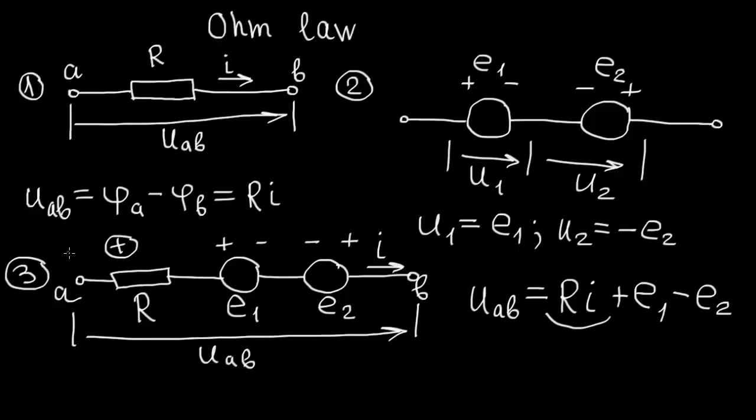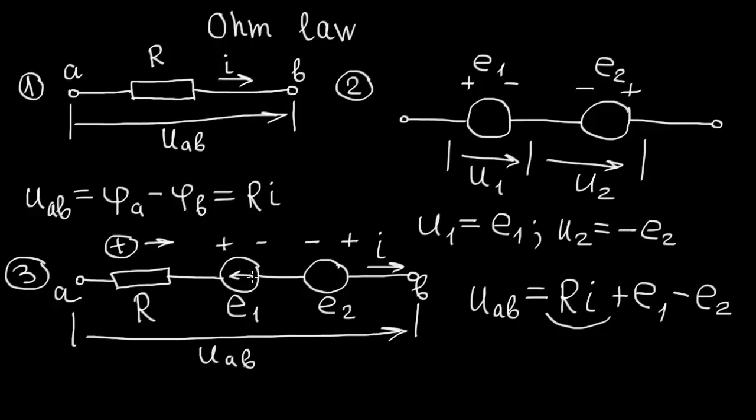If potential of A is more than potential of B, then these positive charges will run in this direction. But in voltage sources, the direction of these charges is from minus to plus.